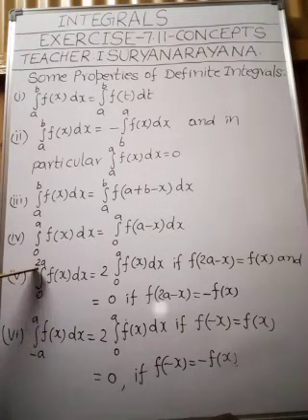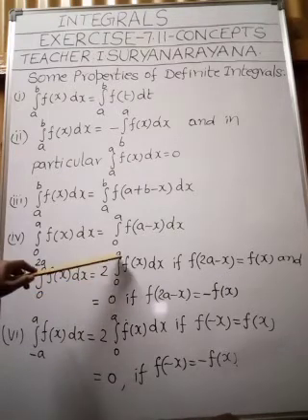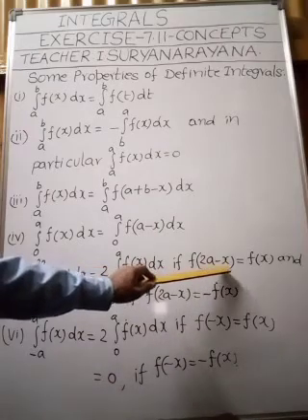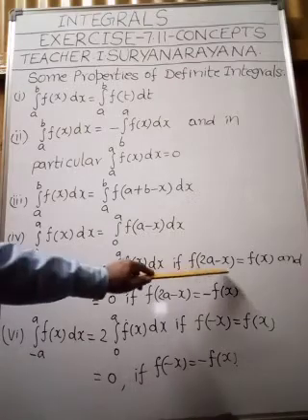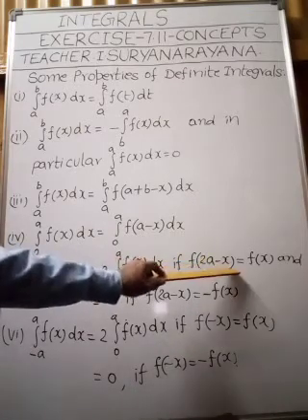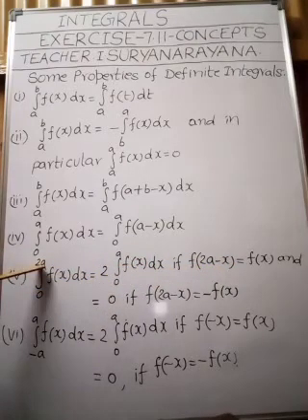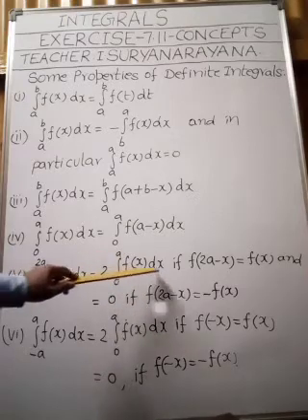Now come to the fifth one. Integral 0 to 2a f of x dx is equal to 2 into integral 0 to a f of x dx if f of (2a minus x) is equal to f of x. First of all, we have to check this condition. If it is satisfied, then we write 2 here and integral 0 to a f of x dx.